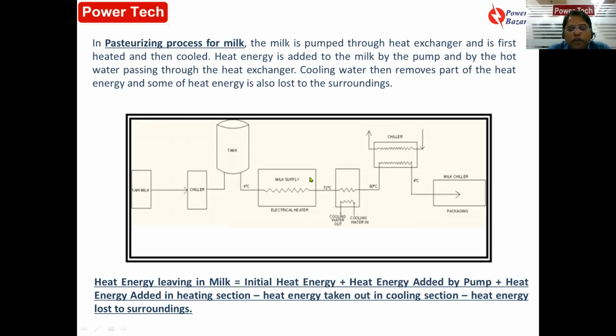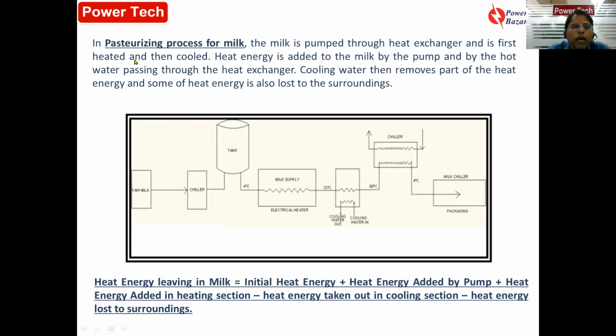After that, once it is heated up to lower than its boiling point, it is heated up to 72 degrees centigrade. Then again it is cooled by flowing cooling water. Then the temperature reduces and again it is chilled with the help of chiller, and then it is packaged and sold to the consumer.